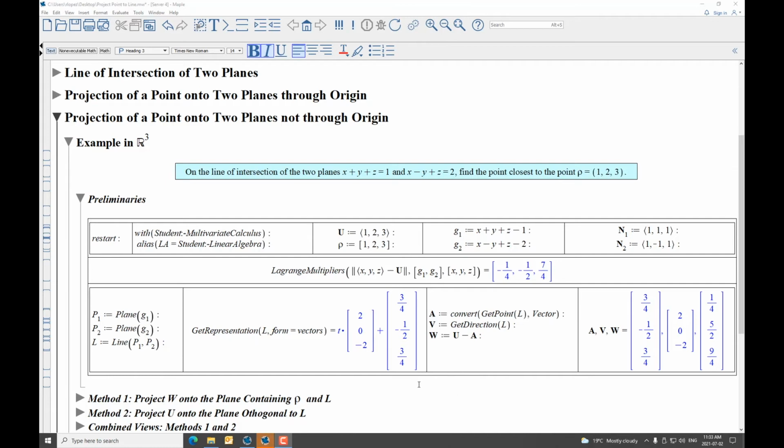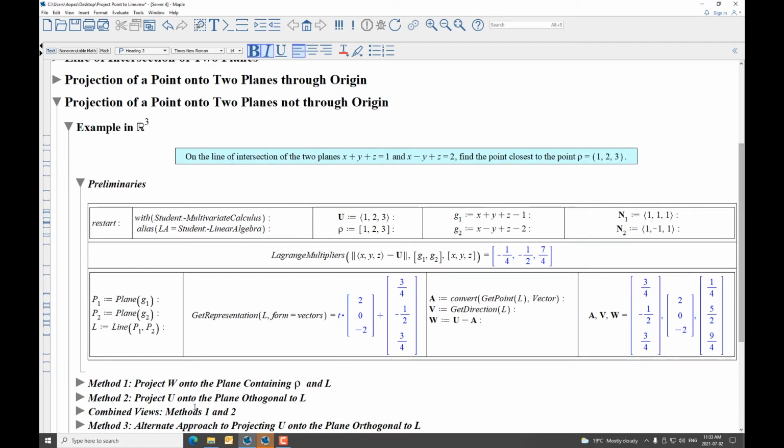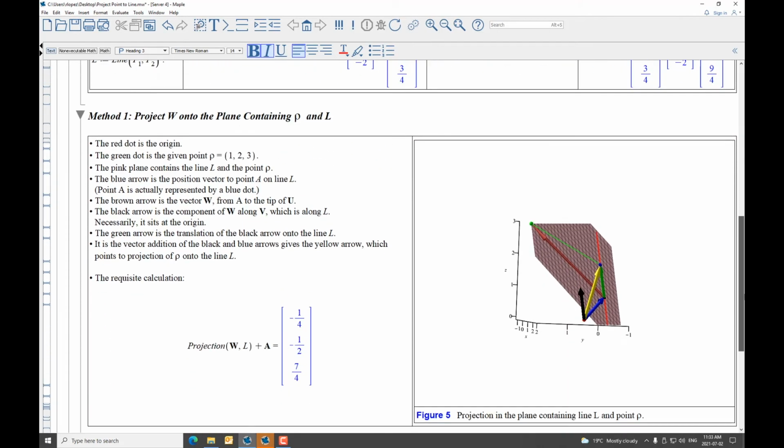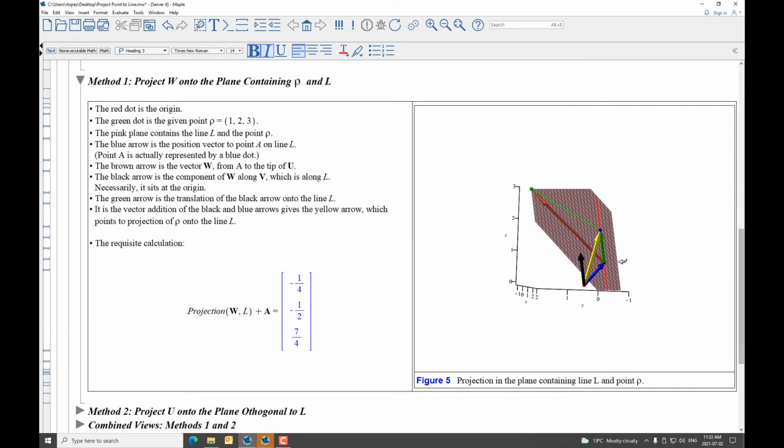We're going to do this projection in several different ways. The first way is to project this vector W onto the plane containing the point and the line. Okay, so this pink plane, that's the color I used when I constructed this, it contains the line and the point to be projected.